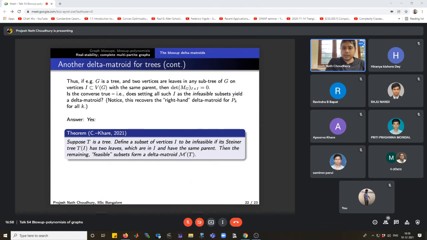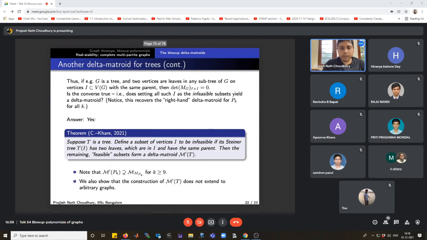Then the remaining feasible subsets form a delta matroid, and this delta matroid is different from the block delta matroid. And this new delta matroid is a superset of the block delta matroid for the path graph on k nodes for k different.